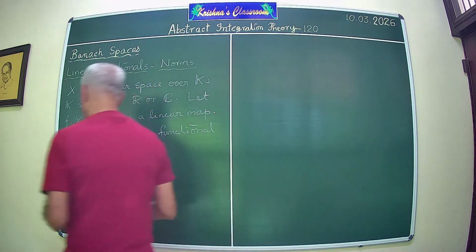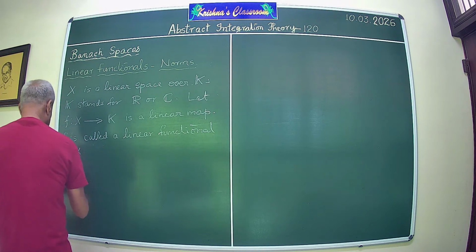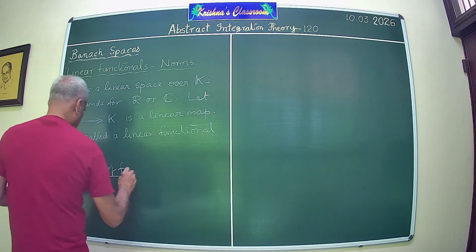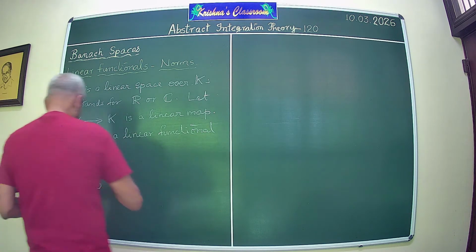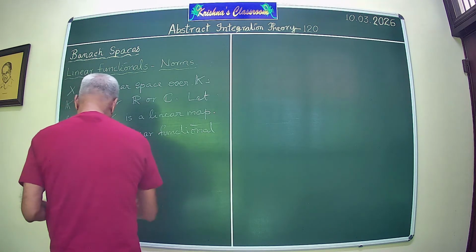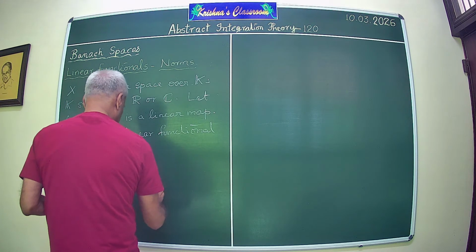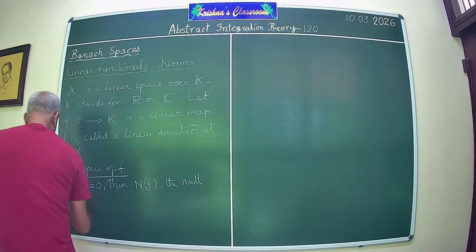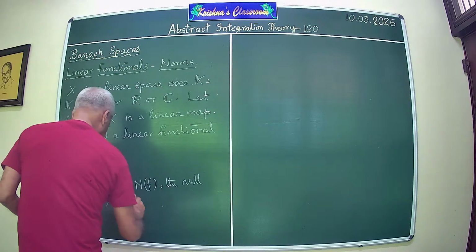Now we look at the null space of f. If f is a zero linear function, then the null space of f is X itself.